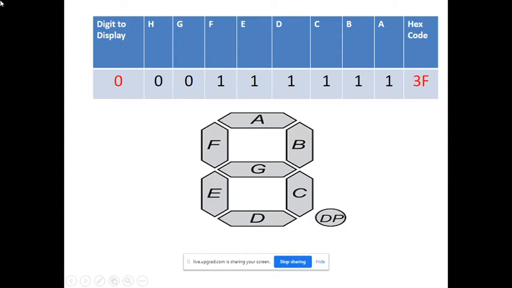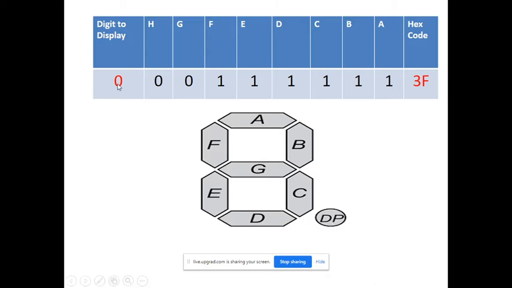Now how to create the lookup table, that is the question. Once you get this idea, then you can construct the lookup table as per your requirement. This is your 7 segment display; there are 8 segments, that is A, B, C, D, E, F, G and H. H is nothing but your decimal point.